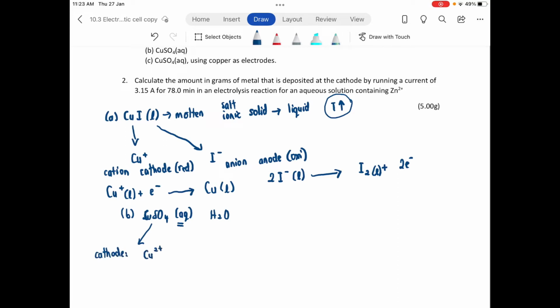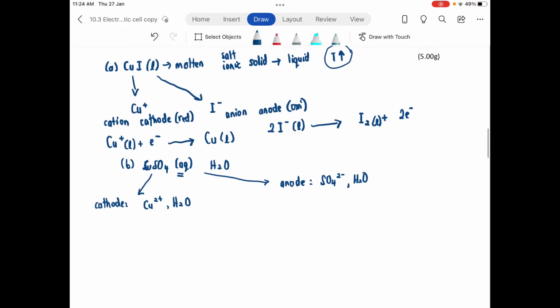Yang ni copper 2 plus sebab dia CuSO4. So copper 2 plus dan water. While for anode, yang akan tertarik ialah SO4 2 minus and water. So dua-dua ni ada kehadiran water sekali. So bila ada kehadiran water sekali, maksudnya H2O will be considered in becoming the final product for the electrolysis.